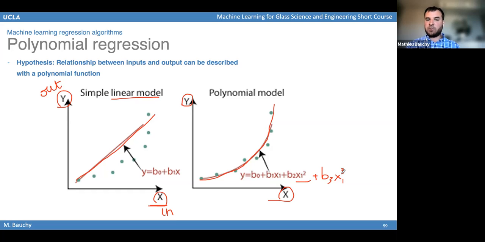So in that case, for example, you will need to select what you think is the maximum degree. Do you think that the data can be captured well by a degree 1 relationship, or do you need a degree 2 or a degree 3 polynomial to describe the relationship between the input and the output?